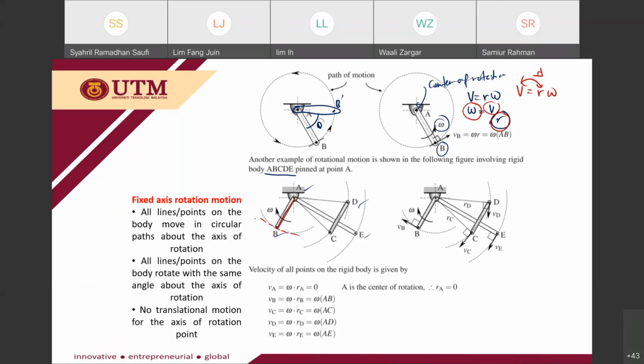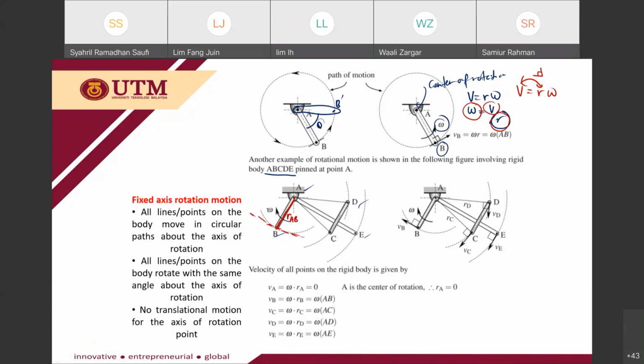This is the line that is perpendicular to this distance R. Let's say I call it RAB, A to B. So perpendicular to this RAB is your velocity.